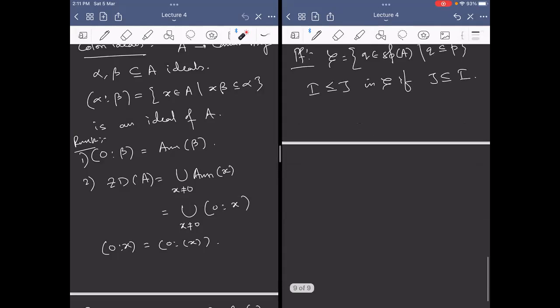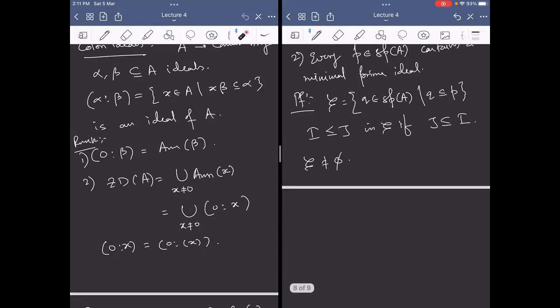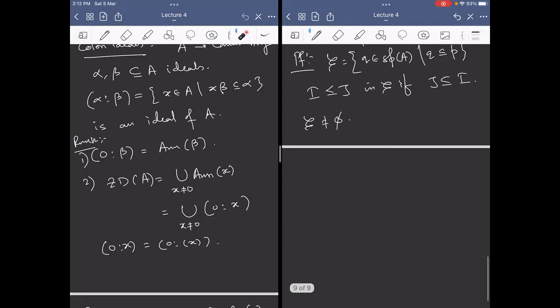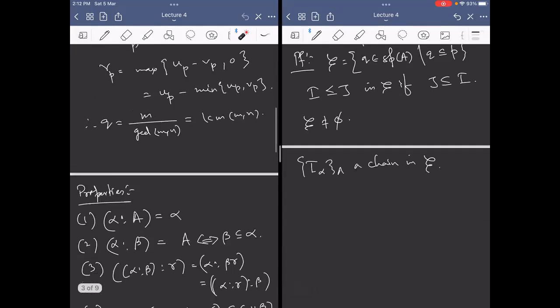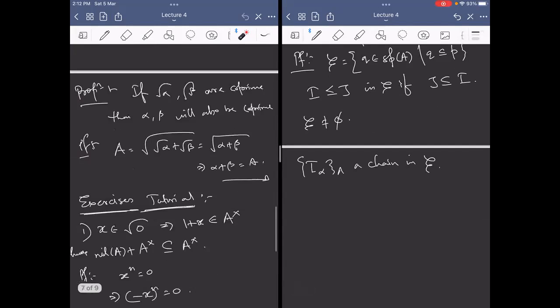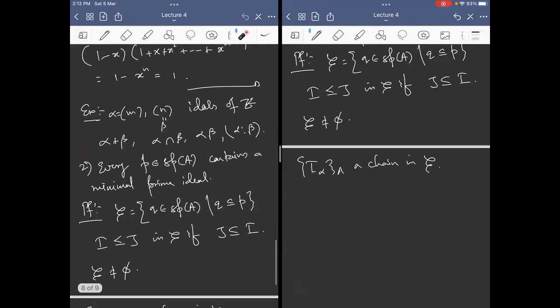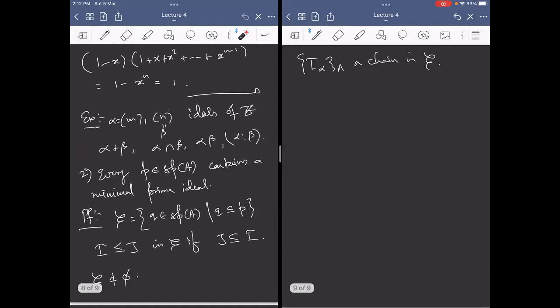Then you see that first of all C is non-empty because P is already a prime ideal contained in P, and therefore if you take a chain in C, then, in the case of finding maximal ideals, we were taking the union because that was a direct inclusion.